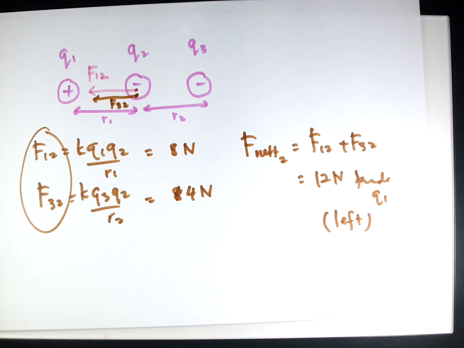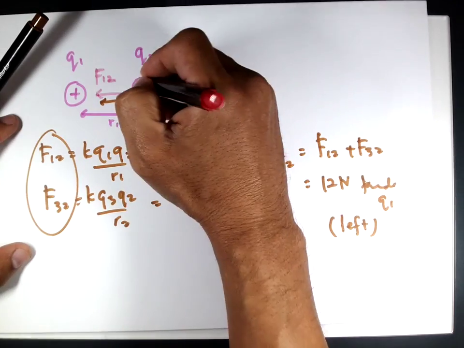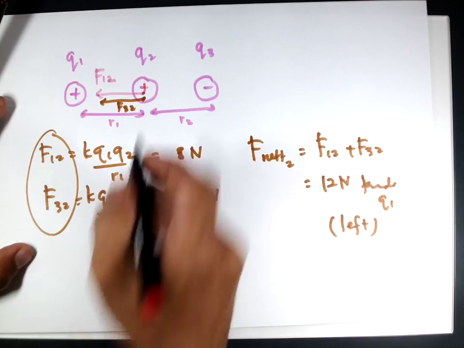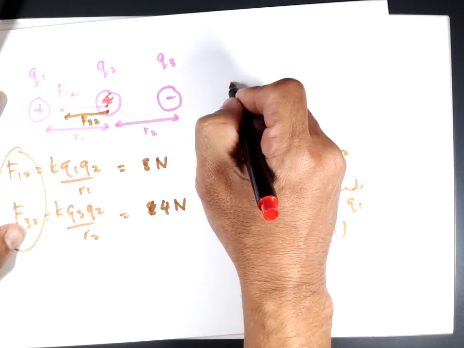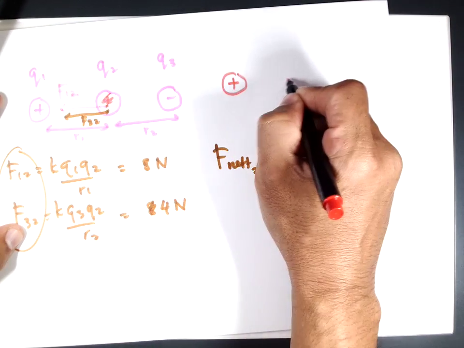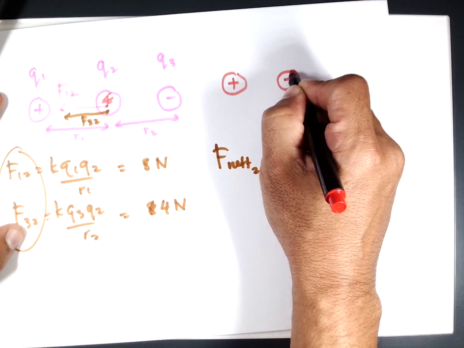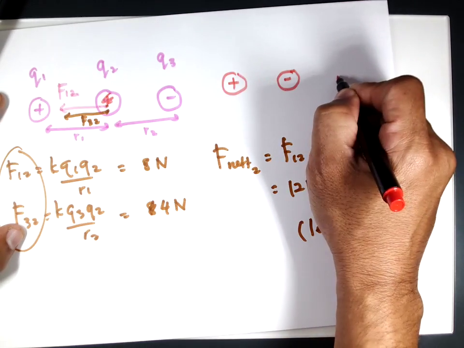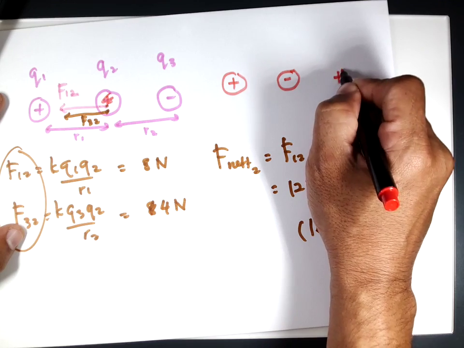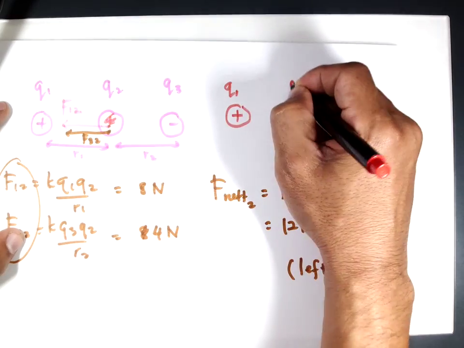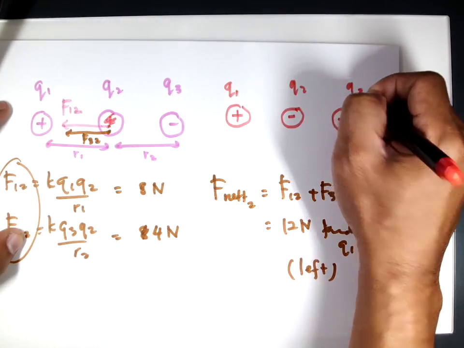Now let's say we have positive, negative, and this one positive. We don't need to redo the whole thing. So we have Q1, Q2, Q3.